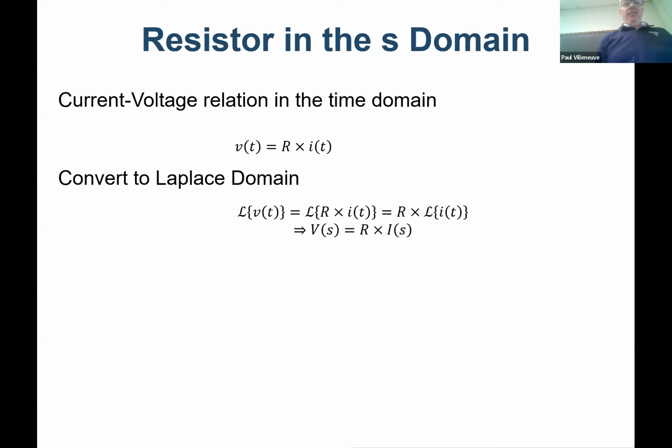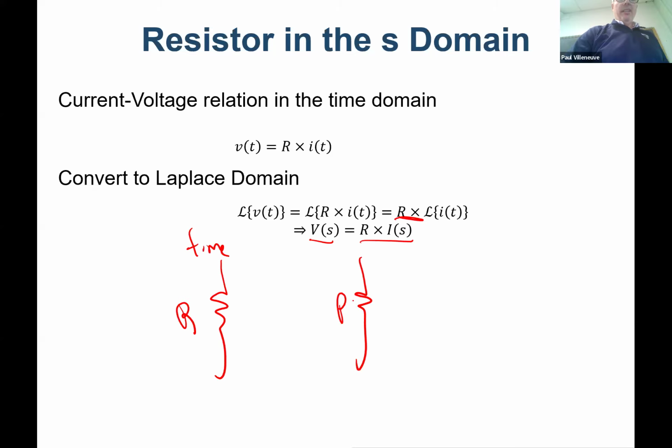So you can see here, R just gets moved out front. All you have to do. And now in the Laplace domain, we have V(s) equals R times I(s). So a resistor in the time domain looks like a resistor in the Laplace domain.